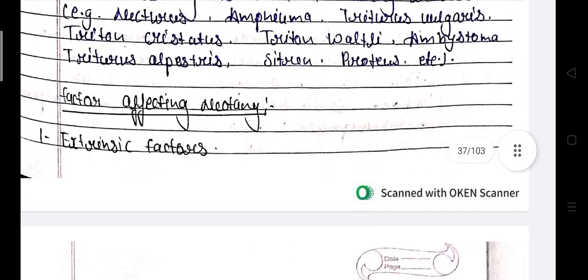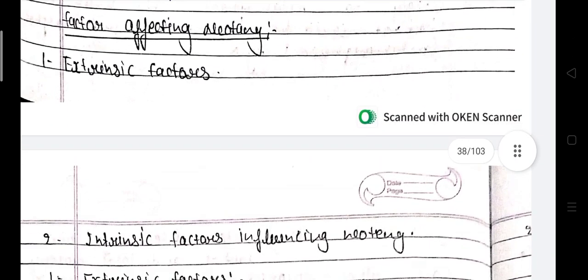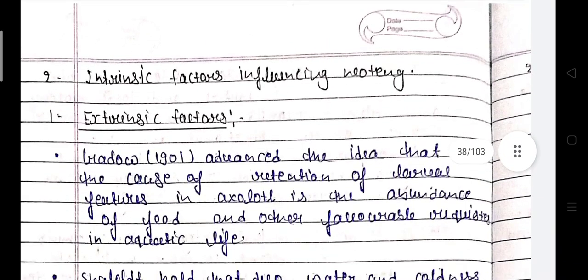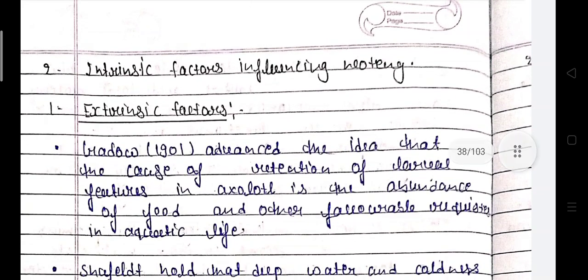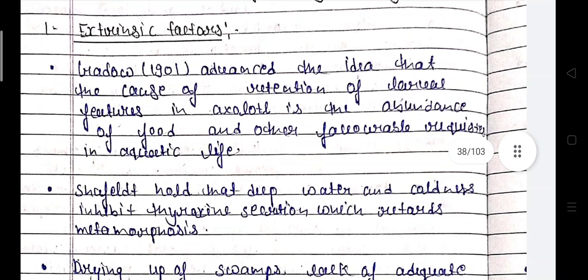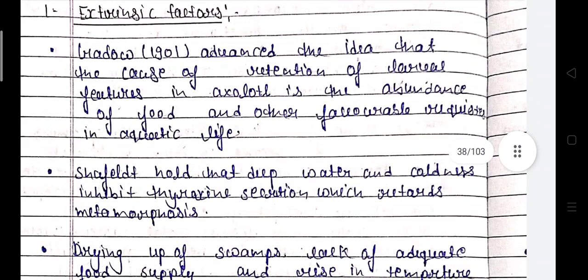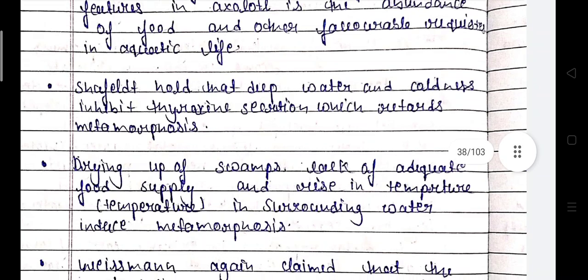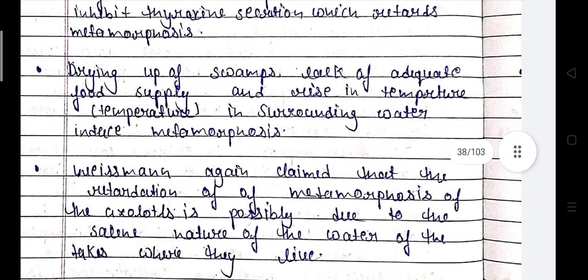Factors affecting neoteny: intrinsic factors and extrinsic factors. Extrinsic factors: deep water and coldness inhibit thyroxine secretion, which retards metamorphosis, while drying up of ponds, lack of adequate food supply, and a rise in temperature of the surrounding water induce metamorphosis.